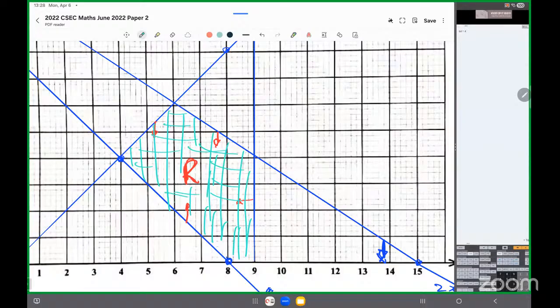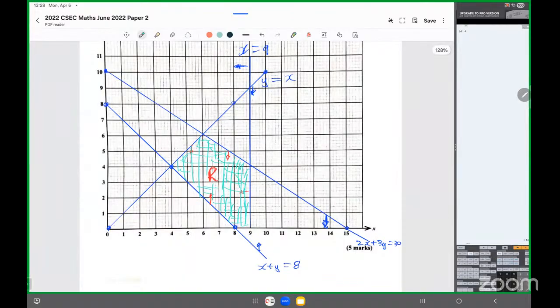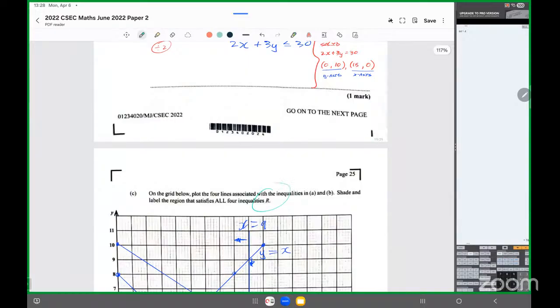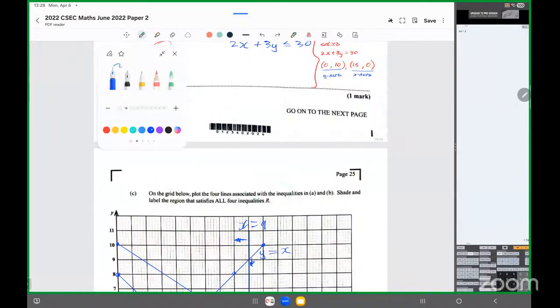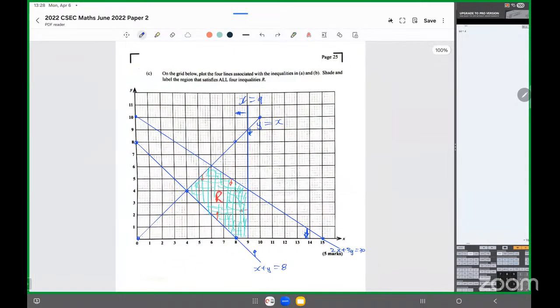I'll put my R in there. Label it R. That is it. That's my region.